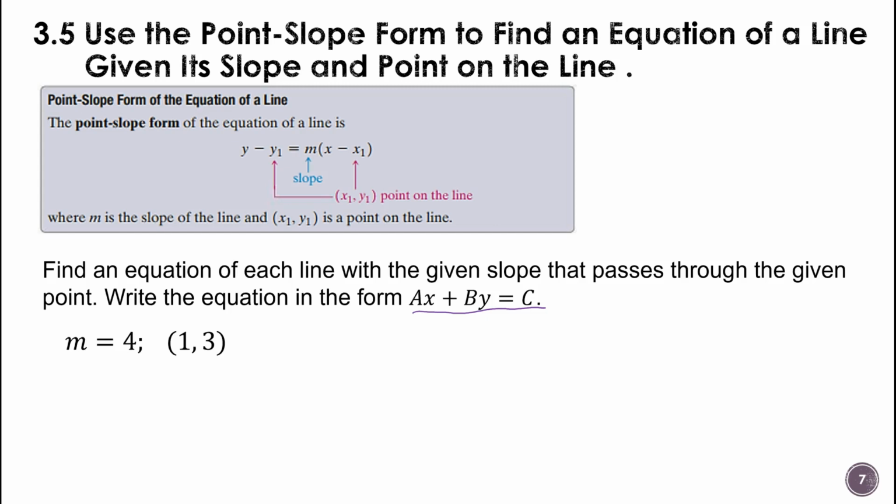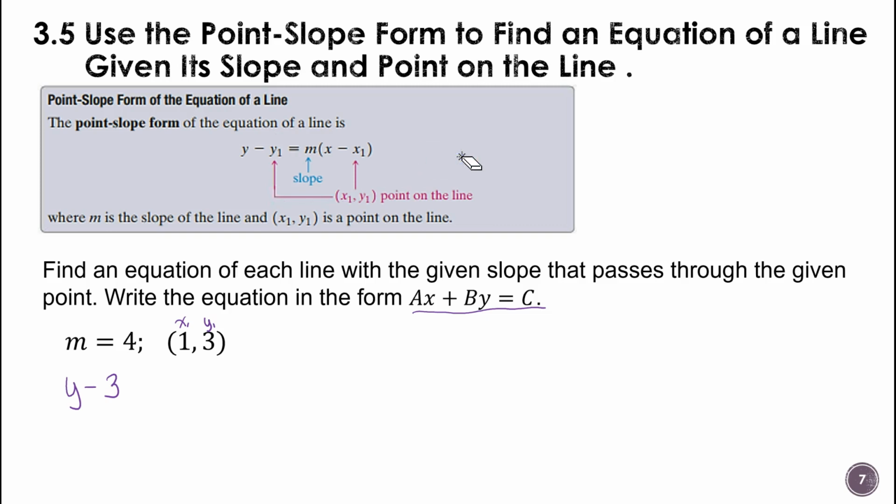So in this, obviously 4 is m. But this is going to be my ordered pair, x sub 1 and y sub 1, and then those are going to be substituted into our formula. So I'm going to just work right below this. I'm going to say y minus 3, because y sub 1 is 3. Here's my formula for point slope.